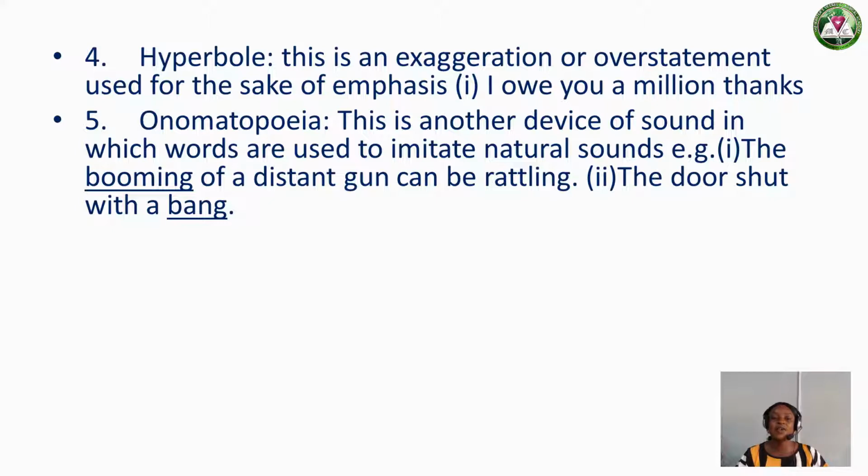So we have, the booming of a distant gun can be rattling. Another example is, the door shut with a bang. So we have booming and bang as two onomatopoeic words in those examples.